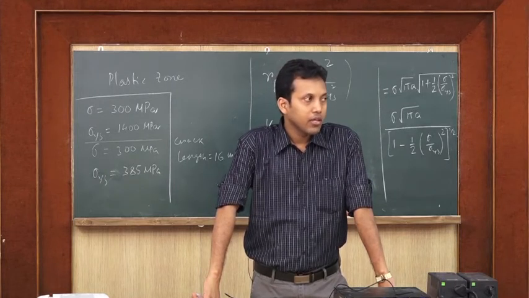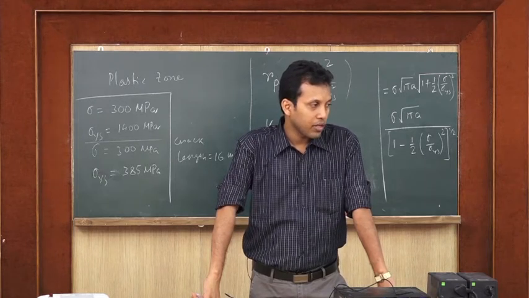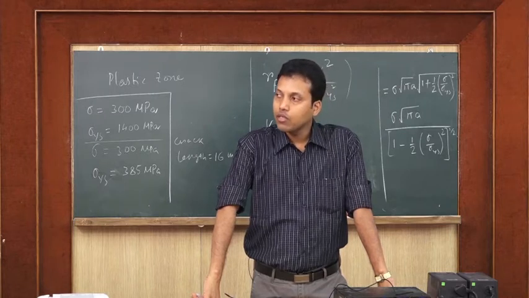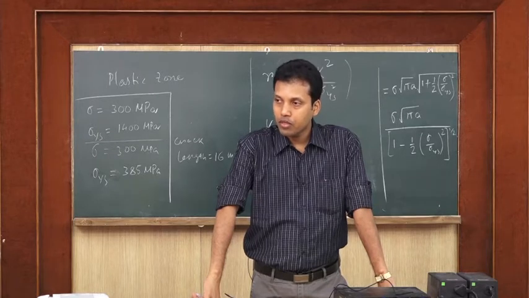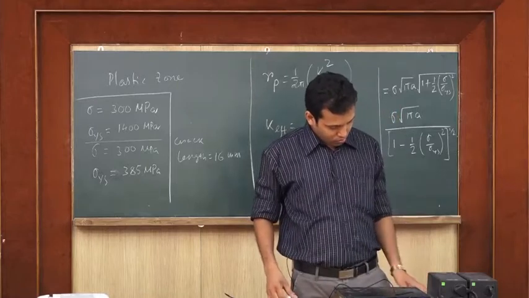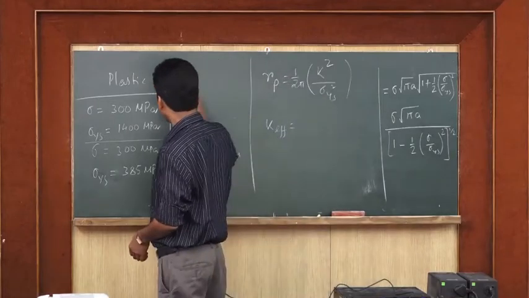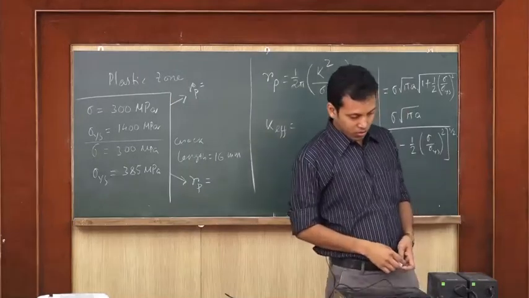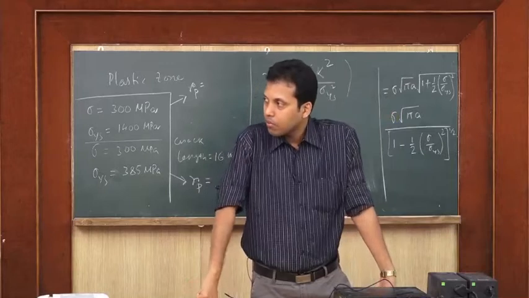The value of a you take in terms of meter during calculation, such that the K value we get is in terms of megapascal root meter. So tell me the values of RP in both the cases. It must not take so long to find the value of RP, right?